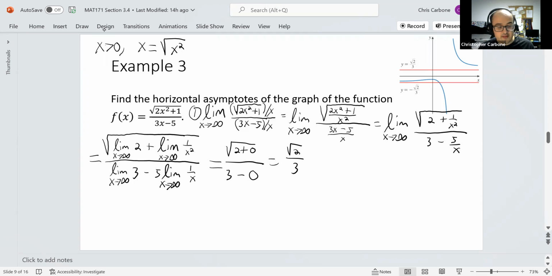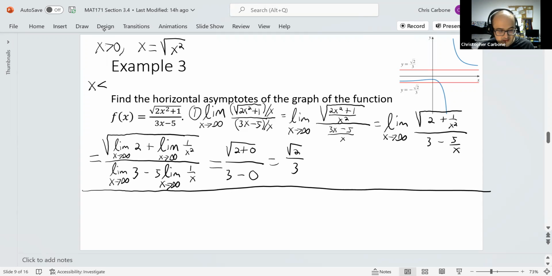To get the bottom one, let me very quickly section this off. I also need to make a second note. This is for values of x less than 0. That means while for values of x greater than 0, we could rewrite that x as the square root of x squared, for values of x less than 0, we have here negative x.